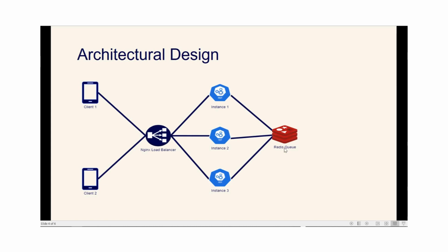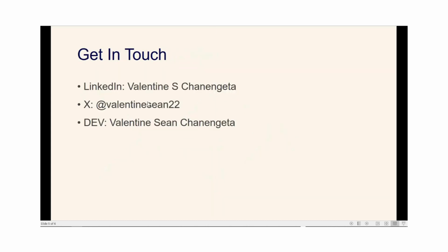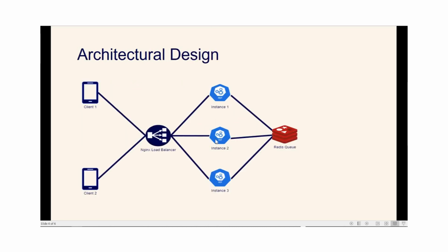The messages from these instances will first go to our Redis queue, and this Redis queue will broadcast that message to all these instances 1, 2, and 3. Meaning if client 1 sends a message, Nginx forwards that message to instance 1.